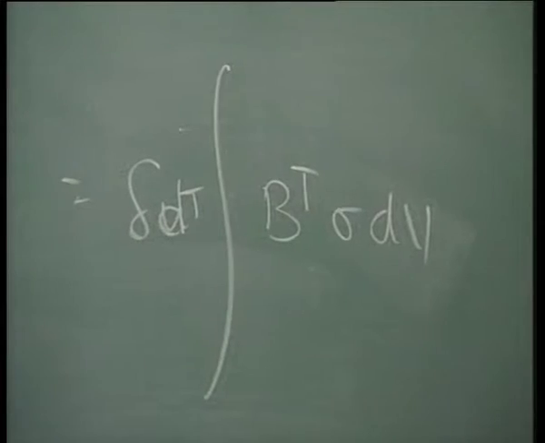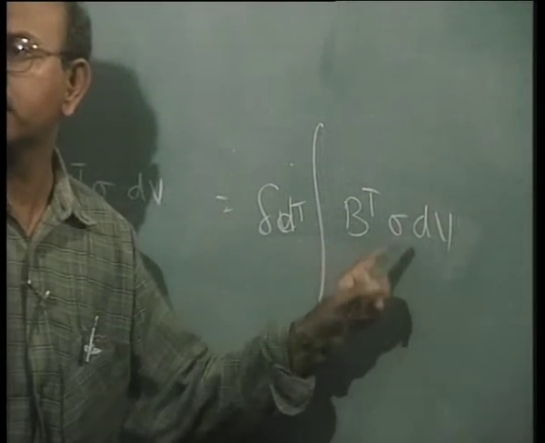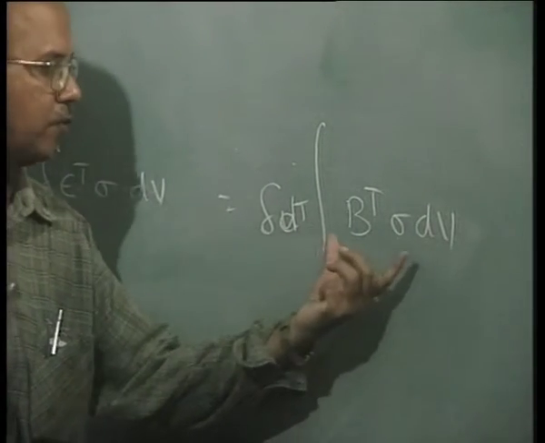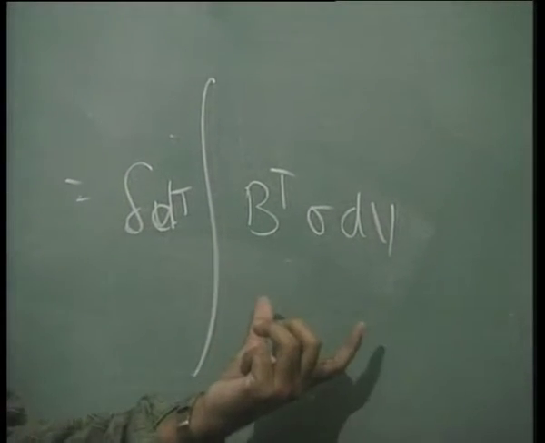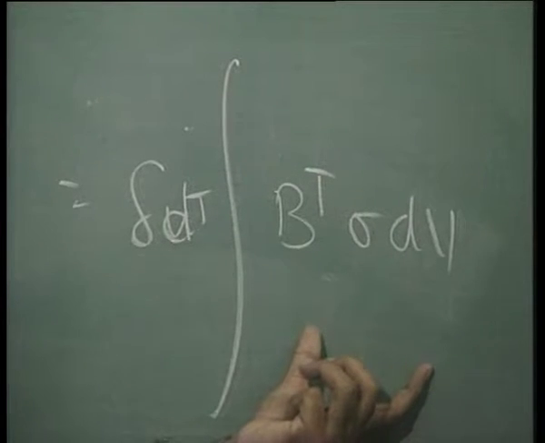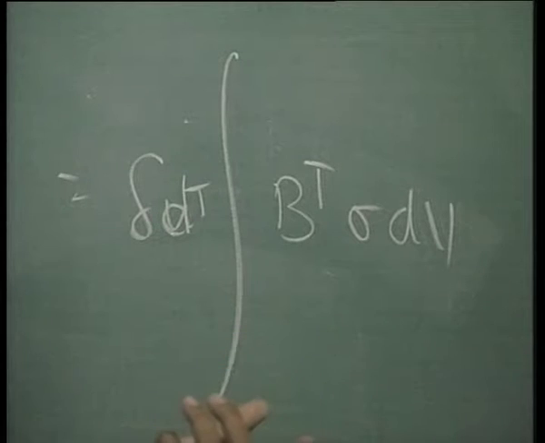Go back and refer to this. Now look at this term. This looks like a force and that is the displacement: this is the virtual displacement and this is the force. So you can easily identify that B transpose sigma dV would be an internal force.